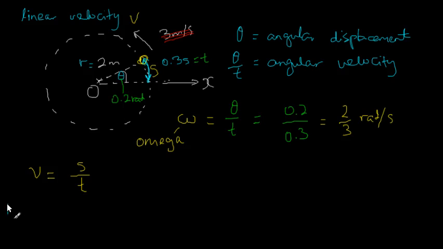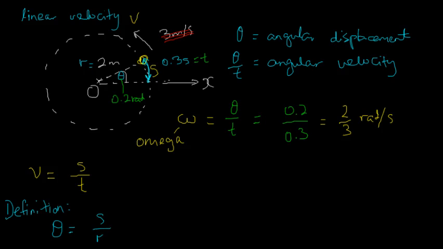Let me write that down. If I want to find a particular angle in radians, it can be done by taking the arc length and dividing by the radius.